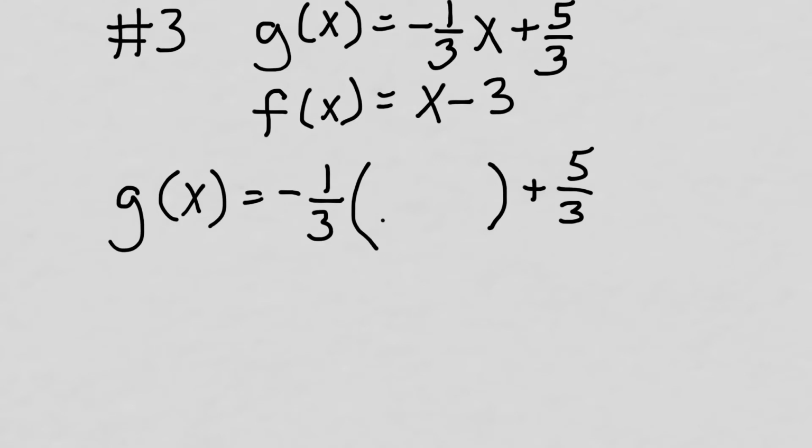Okay, number 3 is one of the harder problems on this practice test, so we'll take our time with it. The larger, more complicated function is the g of x, so I use that for my shell. You can see g of x equals 1/3 parentheses plus 5/3. So I wrote it like the g of x.